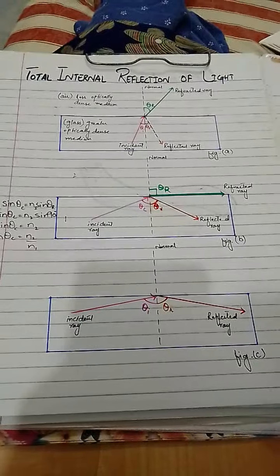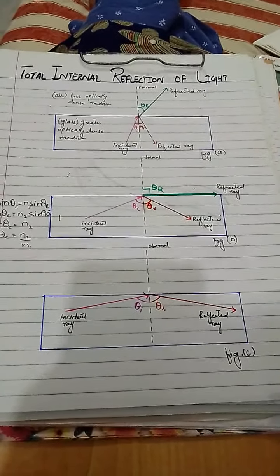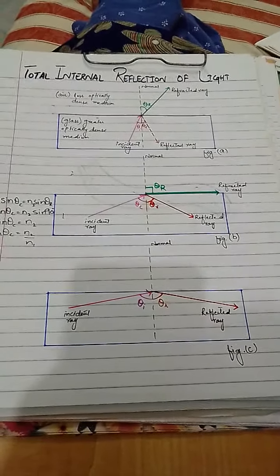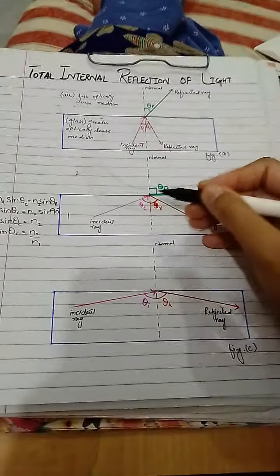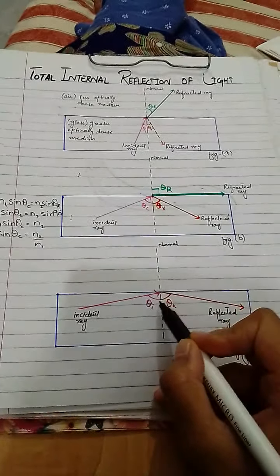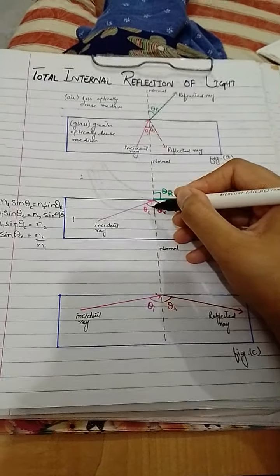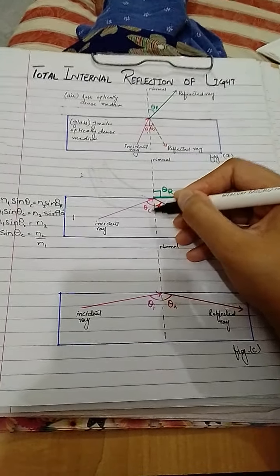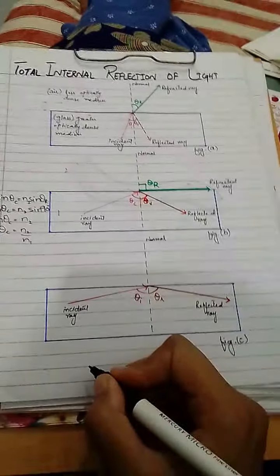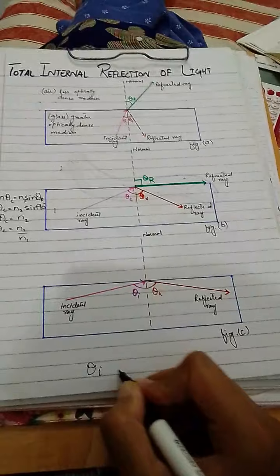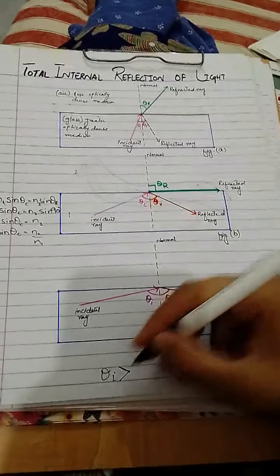The second condition is that the angle of incidence must exceed the critical angle associated with the material. So, as I told you earlier, the angle of incidence must exceed the critical angle. In this case, theta i is greater than theta c. Theta i must be greater than, not equal to.